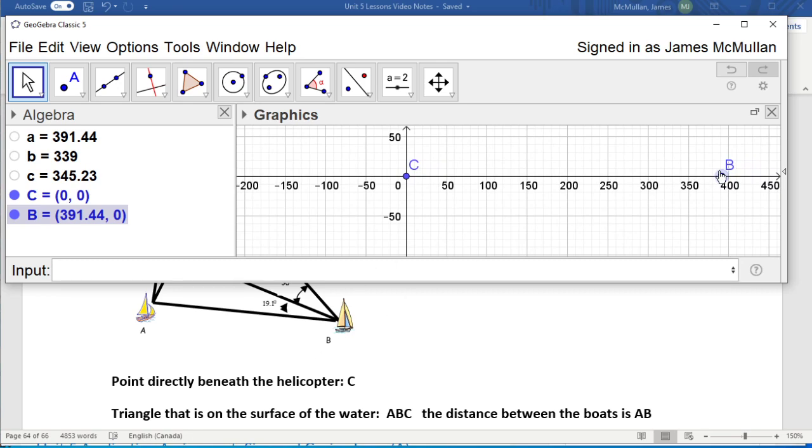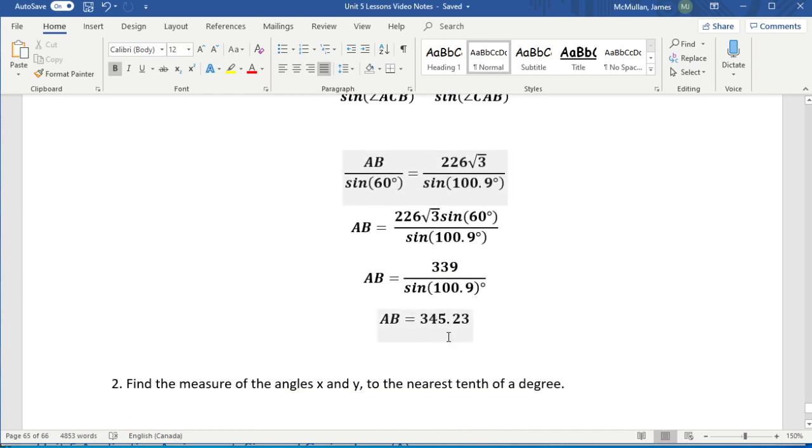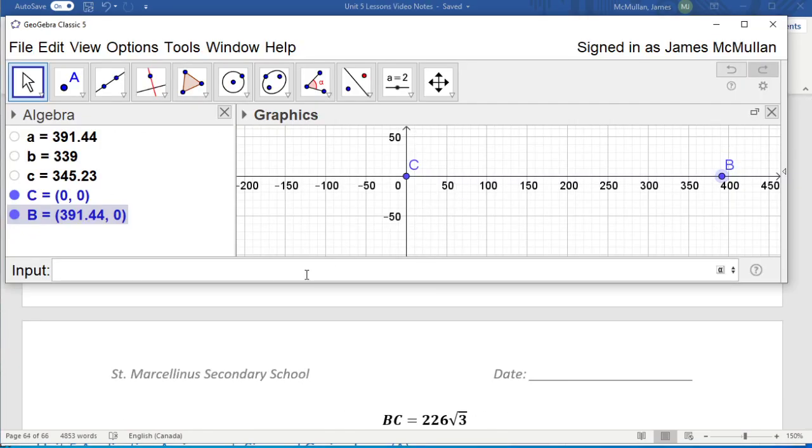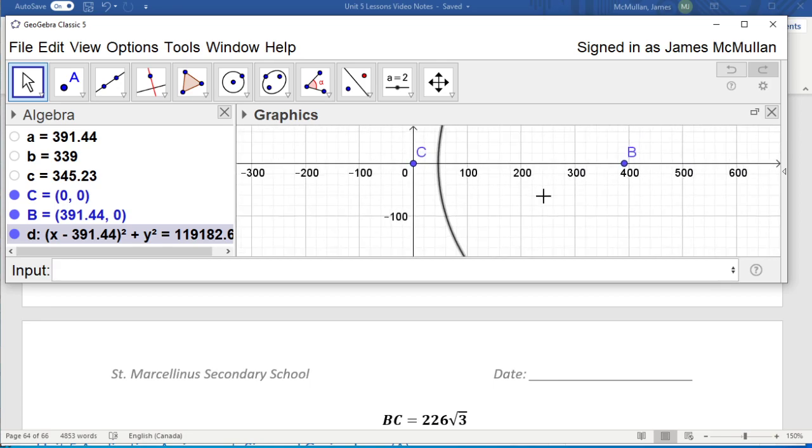Now we know from B to A is what we just found, which is 345.23. So I'm going to draw a circle that starts at point B with a radius of 345.23. And then I'm going to take a point on that circle.